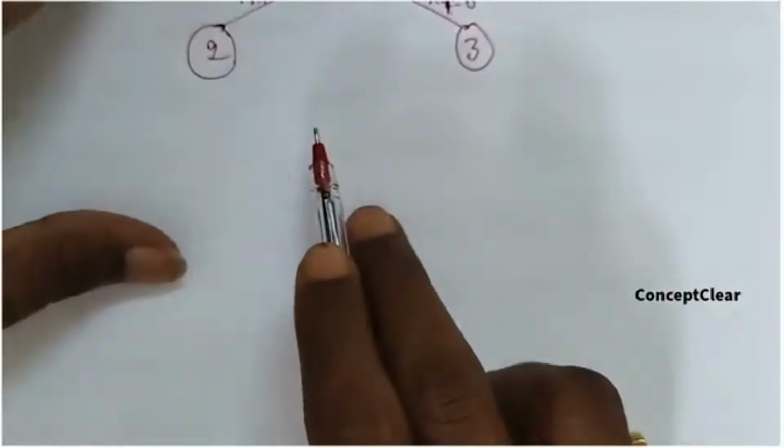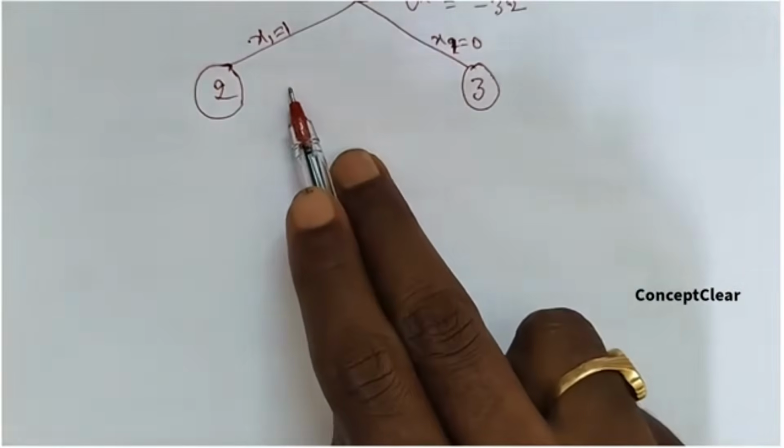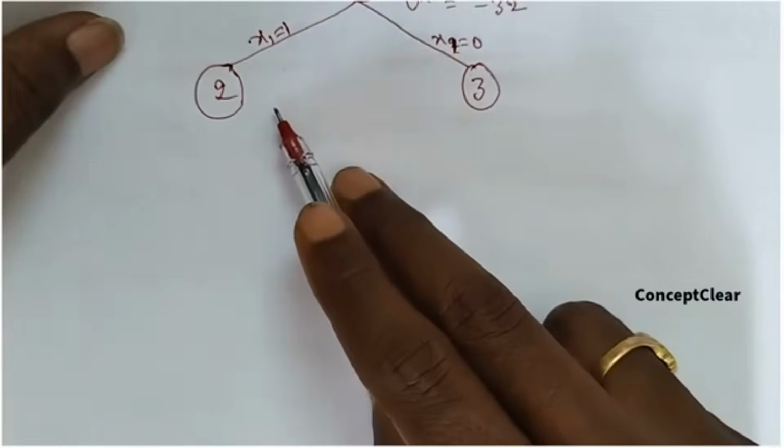For node 2, we have to consider the lower bound value and upper bound value. What is the lower bound value? x1 equals 1 means the first object is considered. The remaining objects are also automatically considered, so 2 is considered and 3 is also considered.